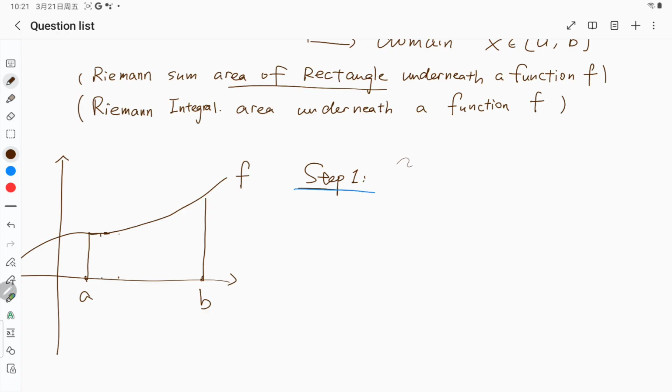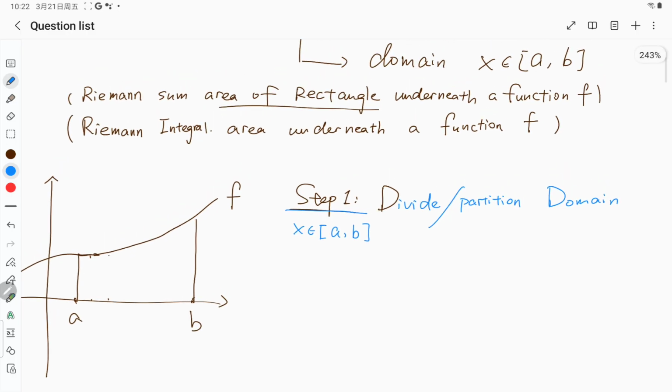Okay, so the first thing is to divide or partition the domain. So x is in [a, b], so we have the assumption that the interval [a, b] is our domain.